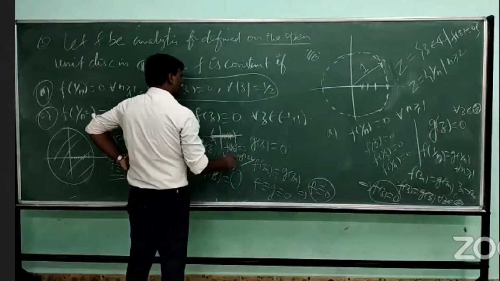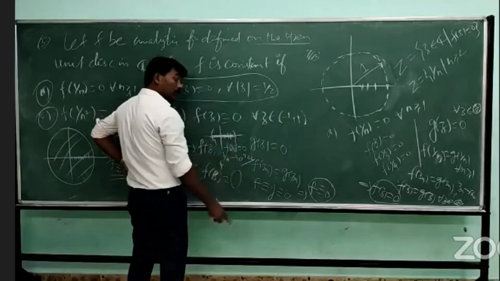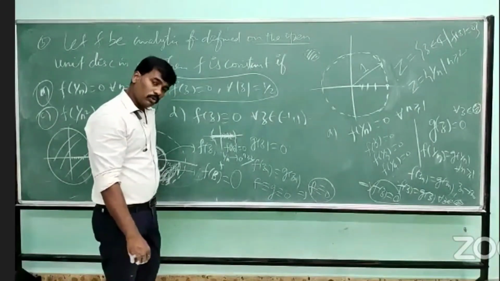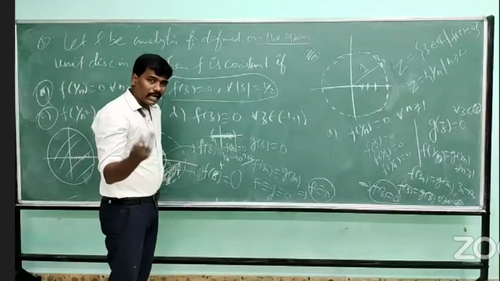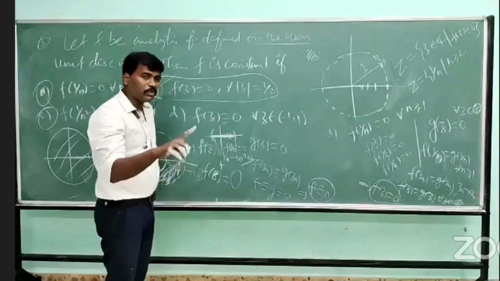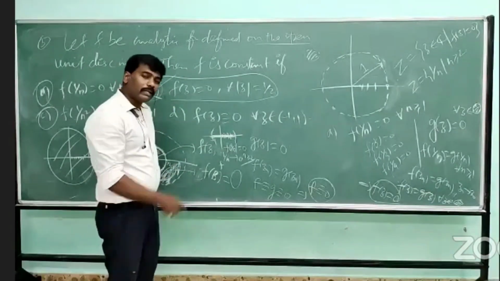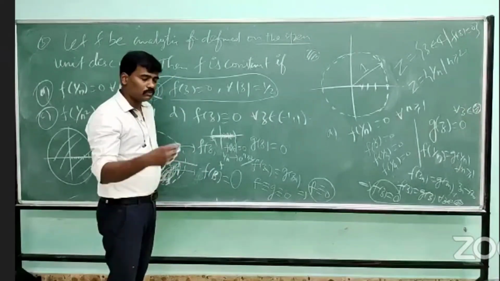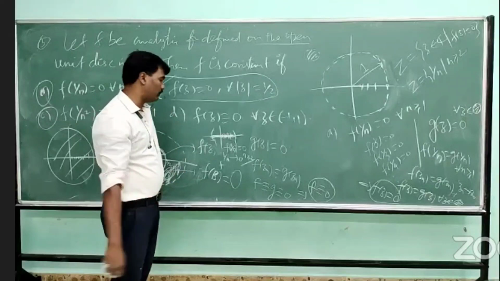By the uniqueness theorem: if Zn goes to Z0 and f of Zn equals 0 for every n, then f is identically 0. Or you can use the identity theorem also. When using the identity theorem, you have to construct a g. Here the g function is the zero function. You can use the identity theorem or the uniqueness theorem, either one.